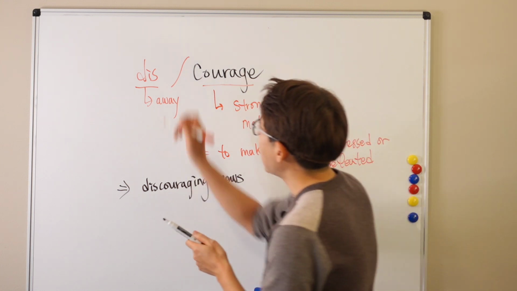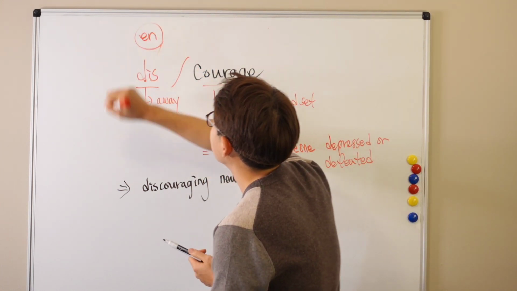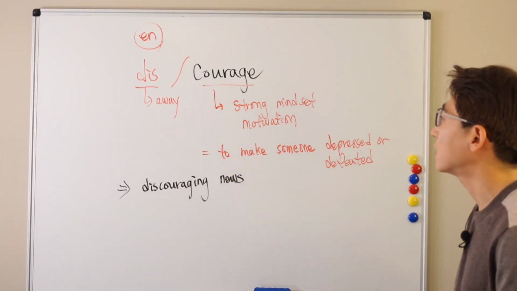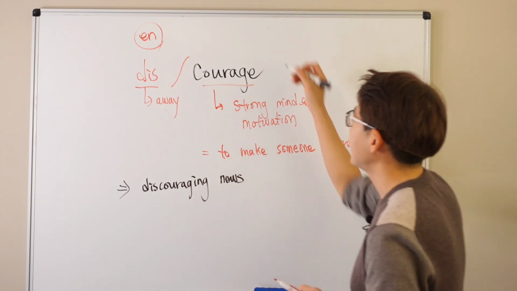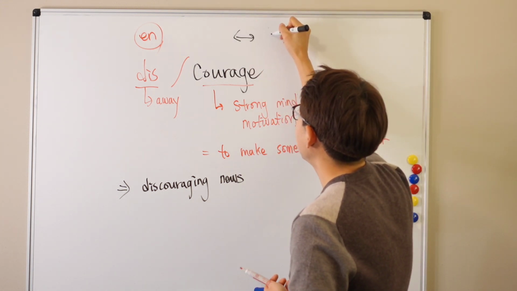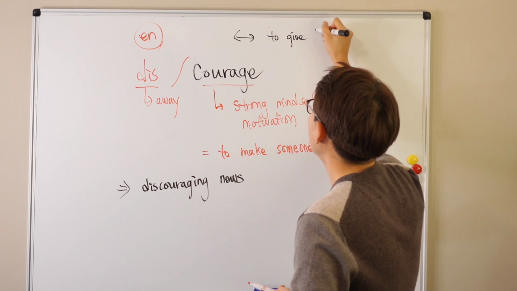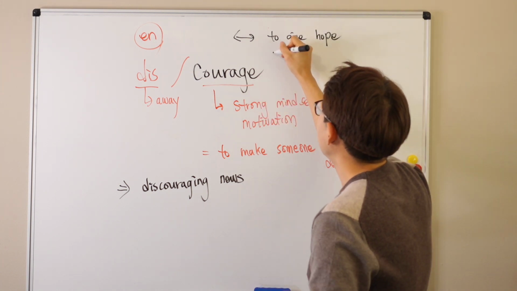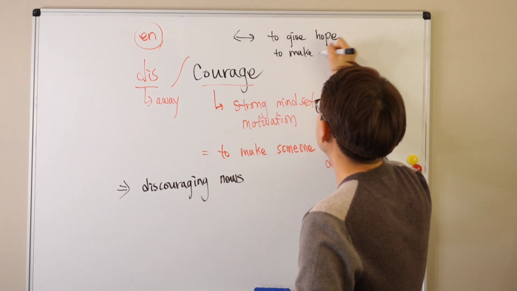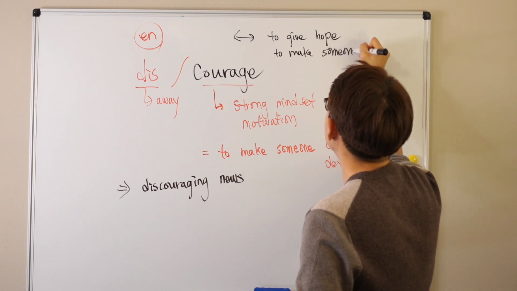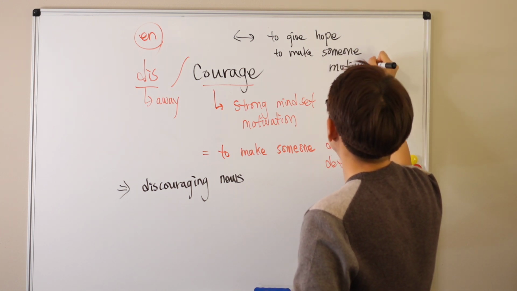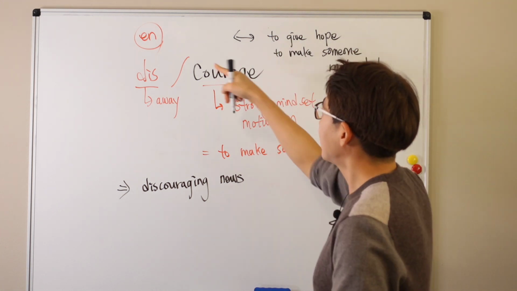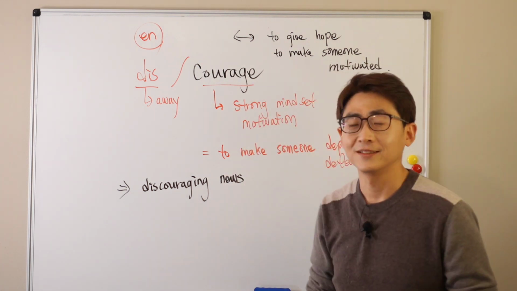Okay, and the opposite of this one is when you do en, encourage. Encourage is the opposite of this word, and it means to give hope, to make someone motivated. So encouraging, discouraging.